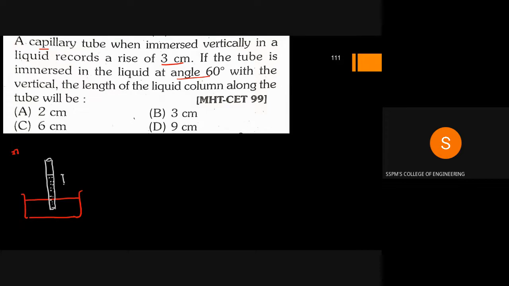So this height, this is 3 centimeter. Okay. Now in the second case, it is immersed incline. Like this.